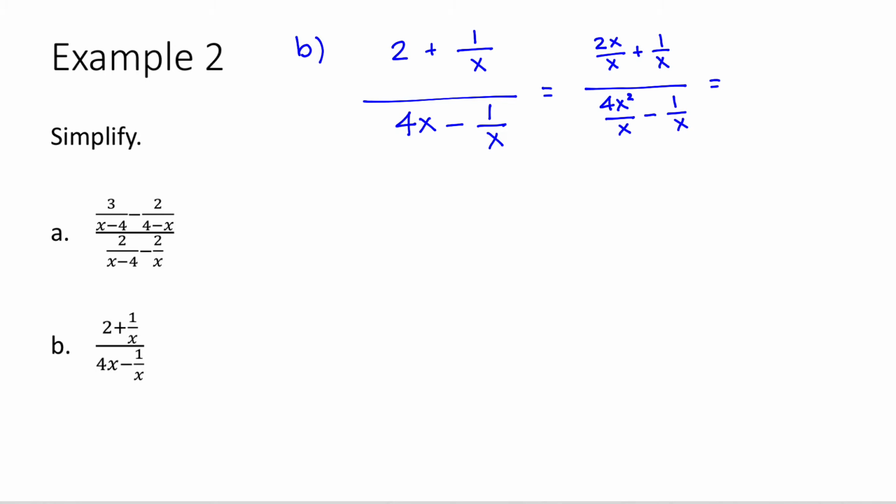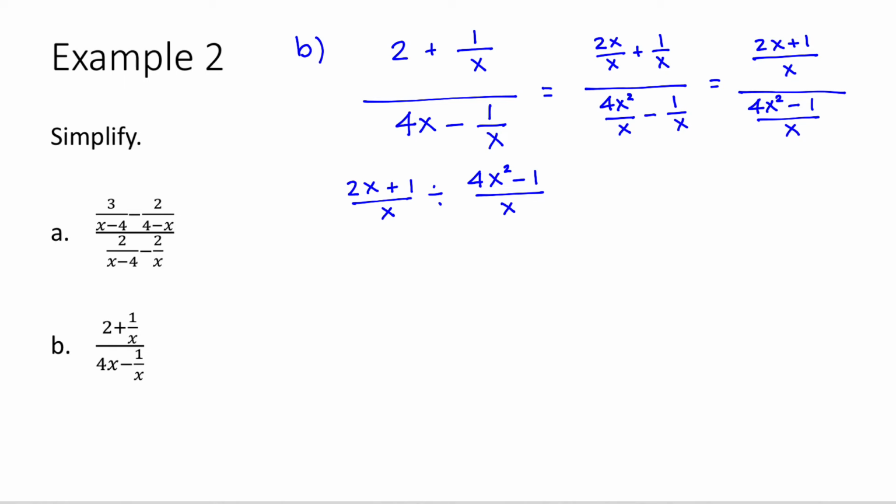So in the numerator, we have 2x plus 1 over x. And in the denominator, we have 4x squared minus 1 over x. So now I'll rewrite that as 2x plus 1 over x divided by 4x squared minus 1 over x.